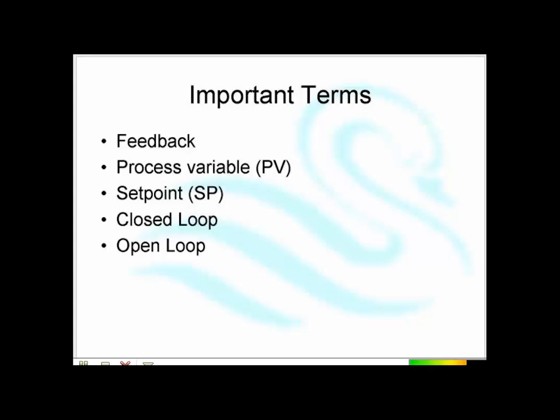So we should have got some important terms. We should have known feedback, process variable, PV, which is the value in the process that we want to measure or control, set point, which is the target, closed loop uses feedback, open loop, no feedback.